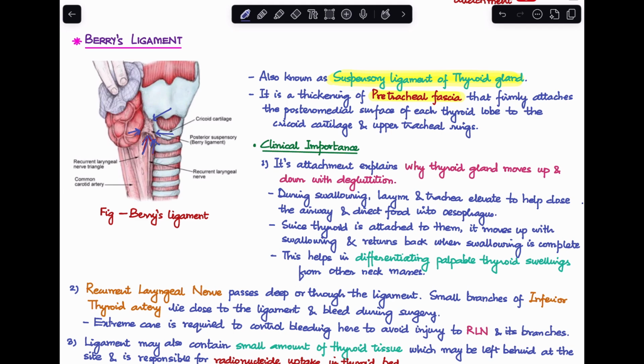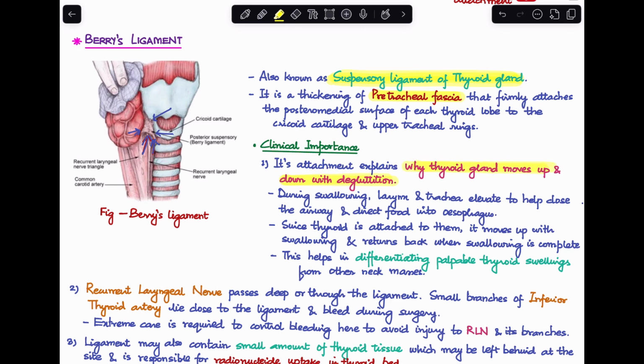Because of the attachment of the thyroid gland to the cricoid cartilage and the upper tracheal ring with the help of Berry's ligament, this is how you can explain why a thyroid gland moves up and down with swallowing.